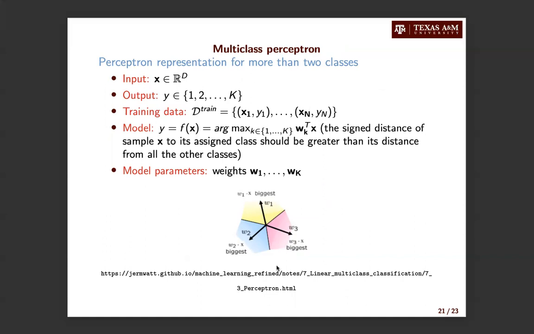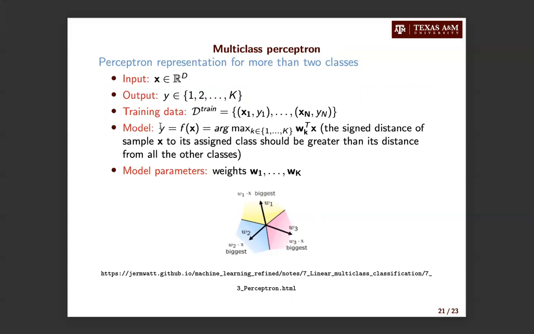According to this, the representation is that once we have a D-dimensional input space, our output now, instead of being a positive and a negative class, corresponds to k different classes.